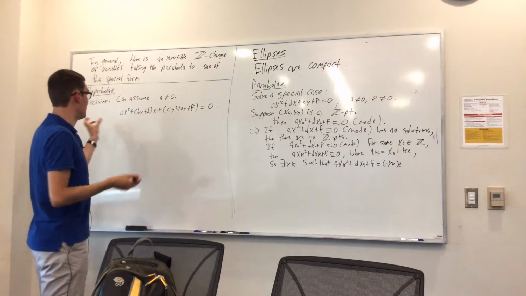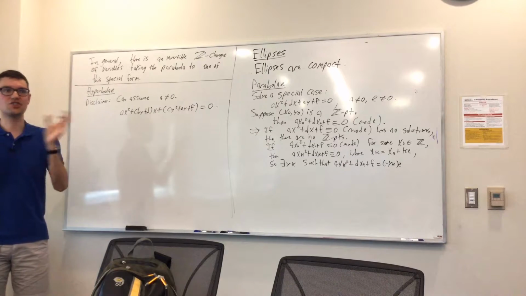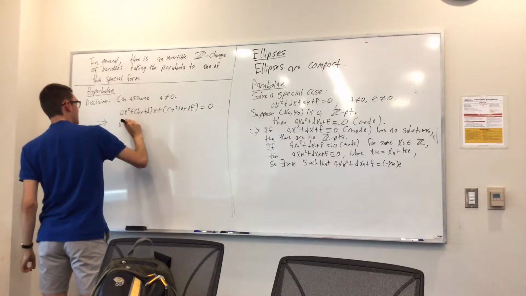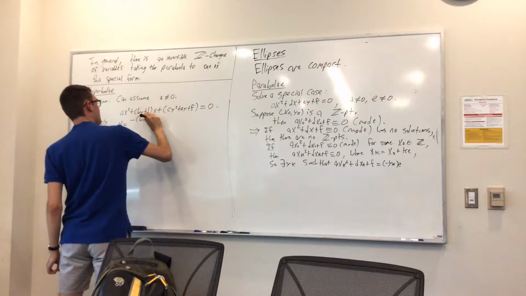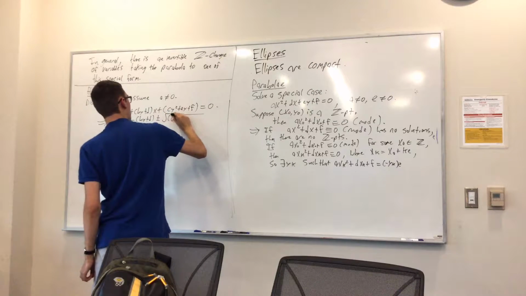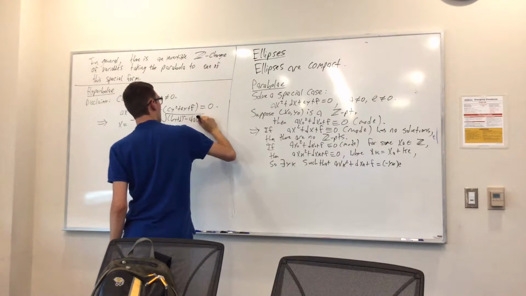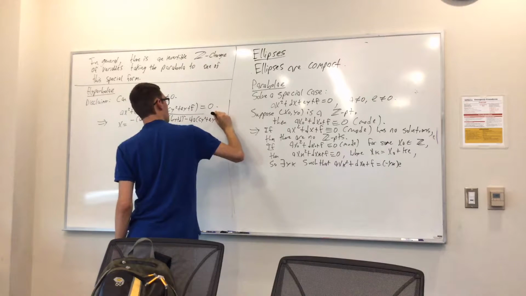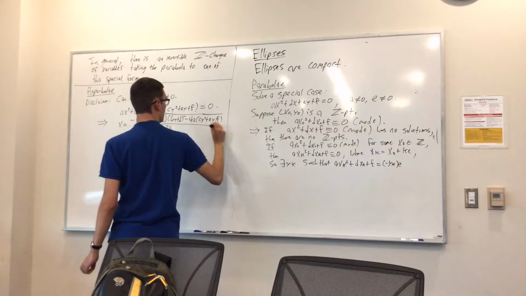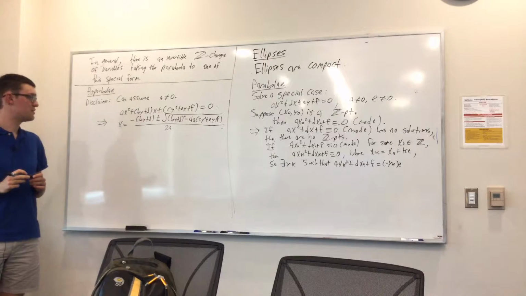But it does give us that whenever (x, y) is an integer point on this curve, the quadratic formula tells us there's a relationship between x and y. And this is actually going to be surprisingly helpful.